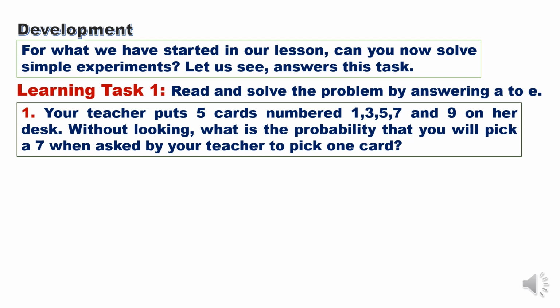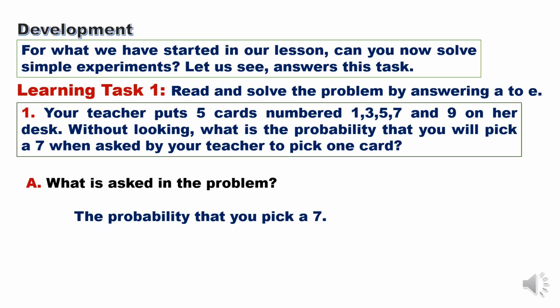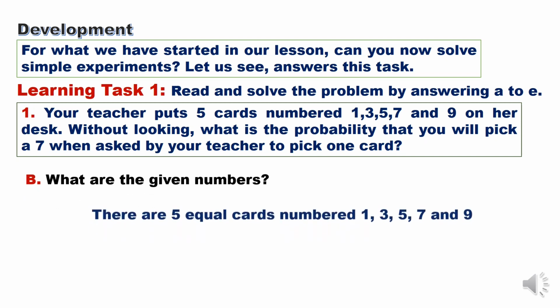Without looking, what is the probability that you will pick a 7 when asked by your teacher to pick 1 card? What is asked in the problem? The probability that you pick a 7. What are the given numbers? There are 5 equal cards numbered 1, 3, 5, 7, and 9.